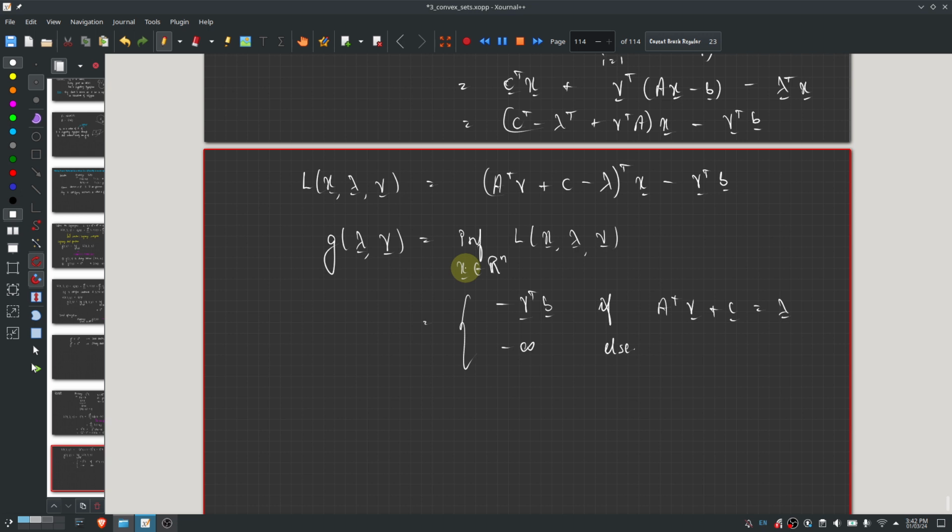If this quantity is non-zero, then you can take x with some of the components being plus infinity, some of the components being minus infinity, such that the overall function is equal to minus infinity, right?